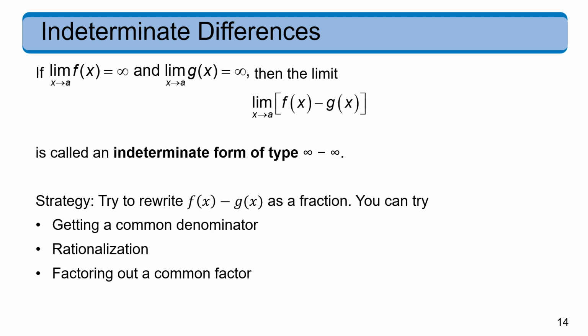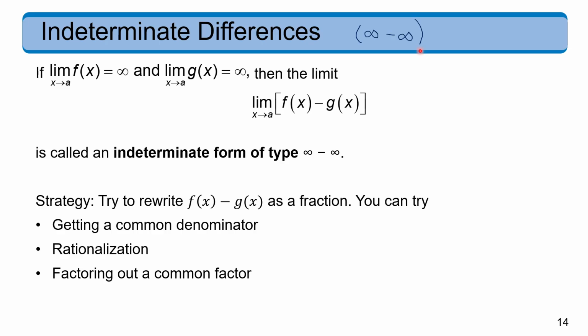Another indeterminate form we mentioned earlier was an indeterminate difference, which had the form infinity minus infinity. We discussed how those two tendencies are pulling in different directions. The first term is pulling the difference infinitely large. The second term is pulling it infinitely small.